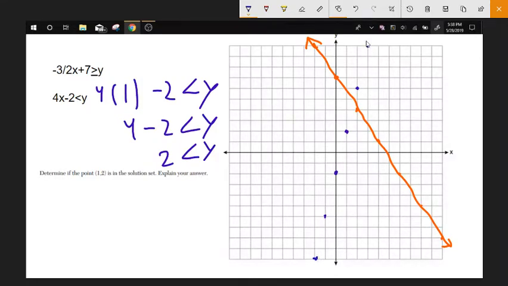And now we can make our line through it, except this time we're going to make it a dotted line because the equation cannot be equal to y, or the line cannot be equal to y.